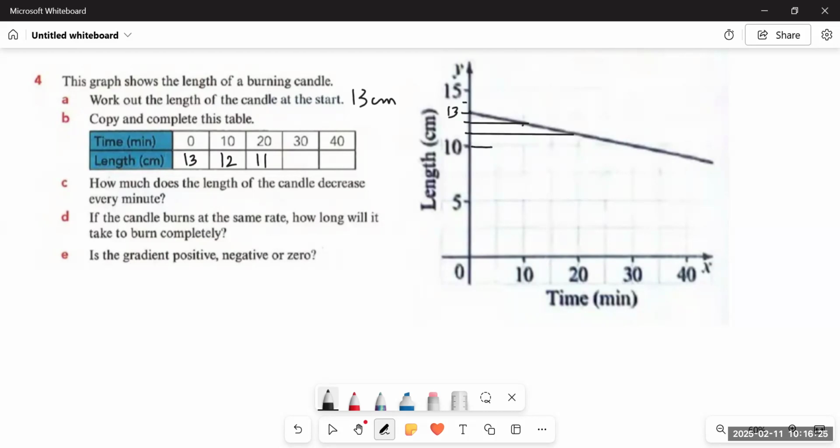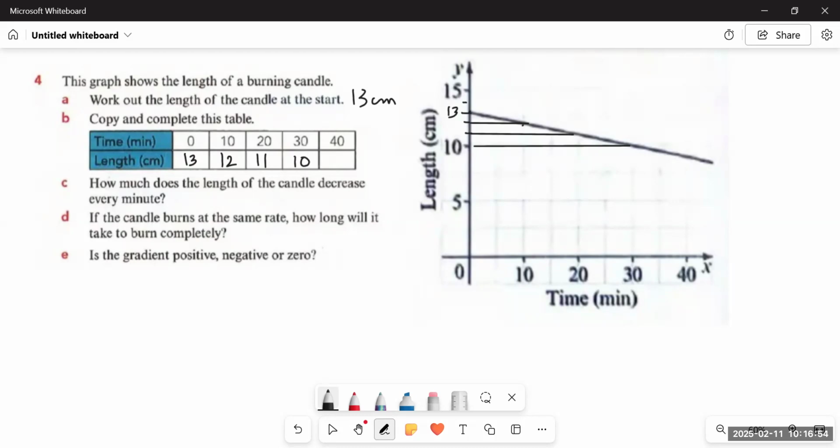Sorry, they are asking us for after 30 minutes. So after 30 minutes, the length was 10 centimeters.